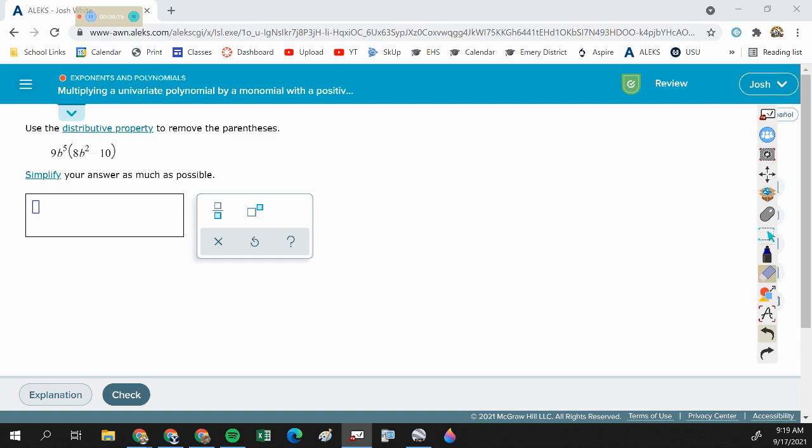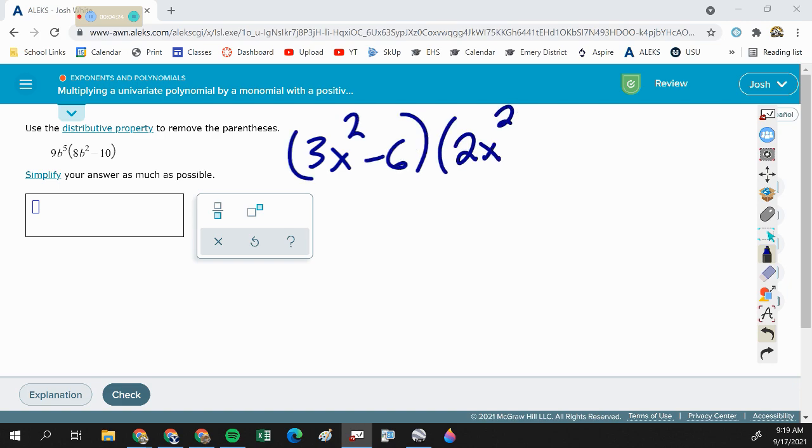What if I had 3x minus 6 times 2x plus 3? Let's not do squared. How do you multiply those?